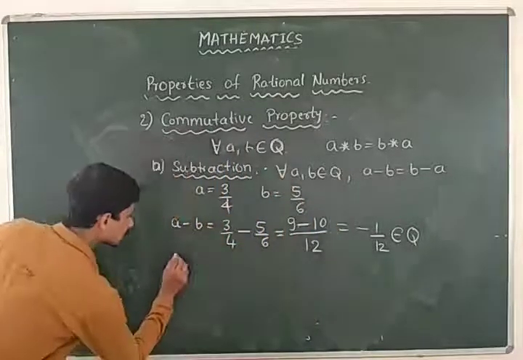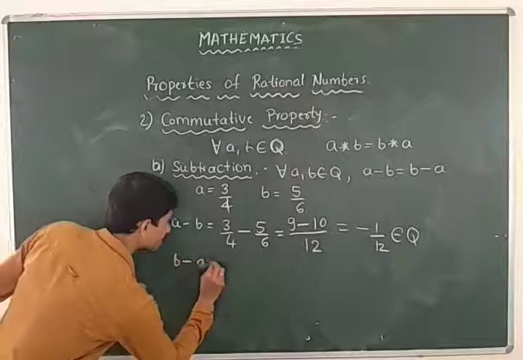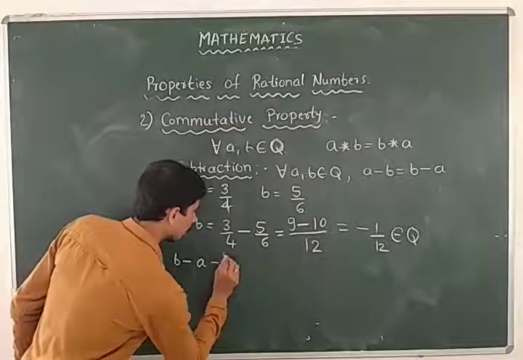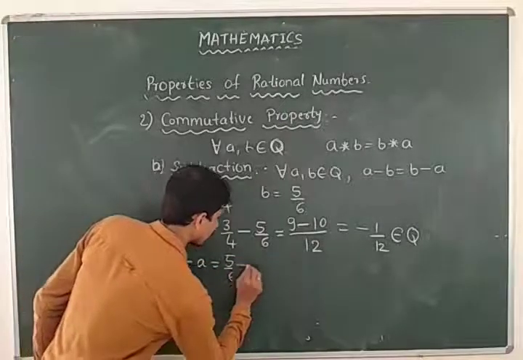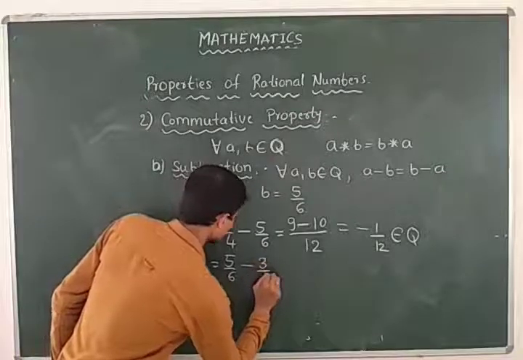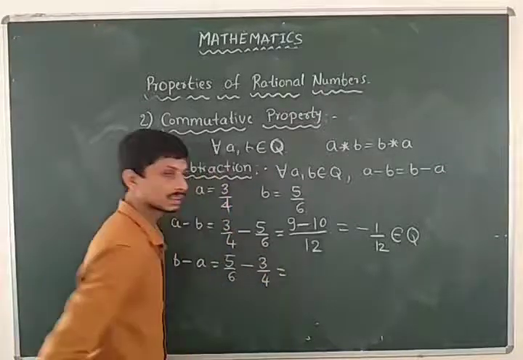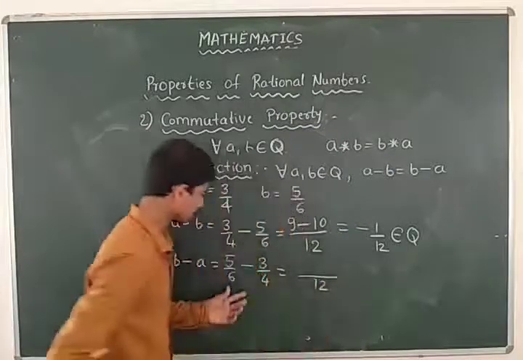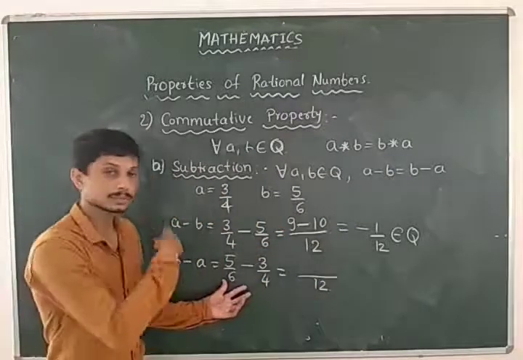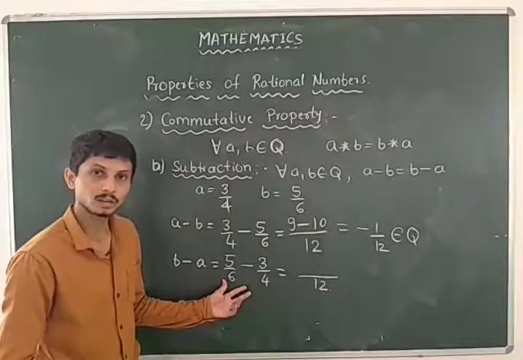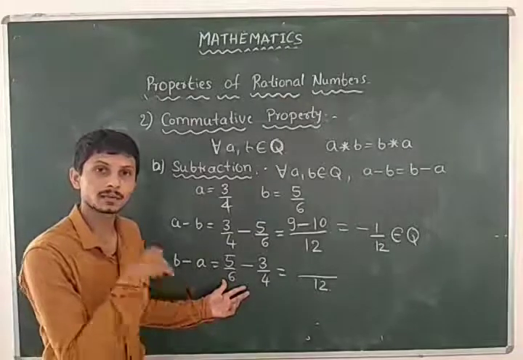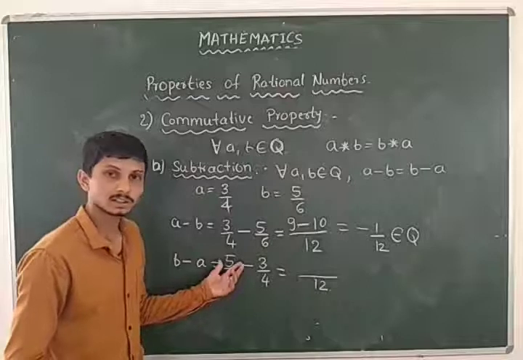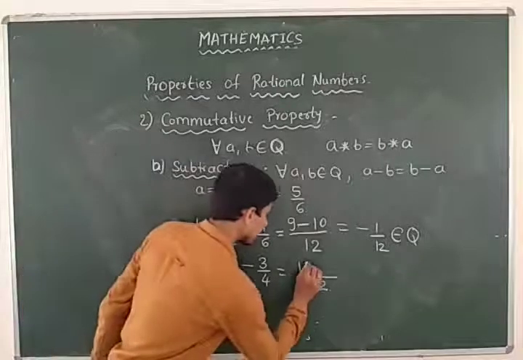So likewise, we have to perform b minus a. b is 5 by 6 and a is 3 by 4. Similarly, we have to take the LCM here, 12. So we have to convert this denominator into 12. So for this we have to multiply with 2, and here also we have to multiply with 2, 10.